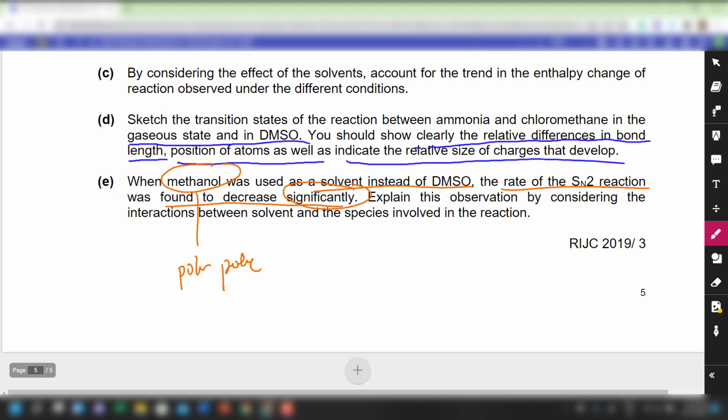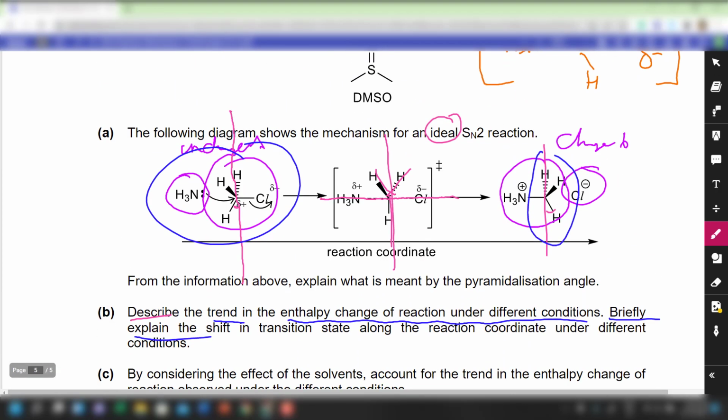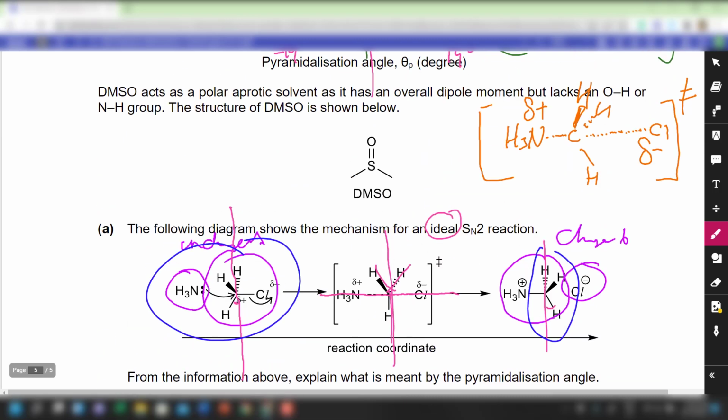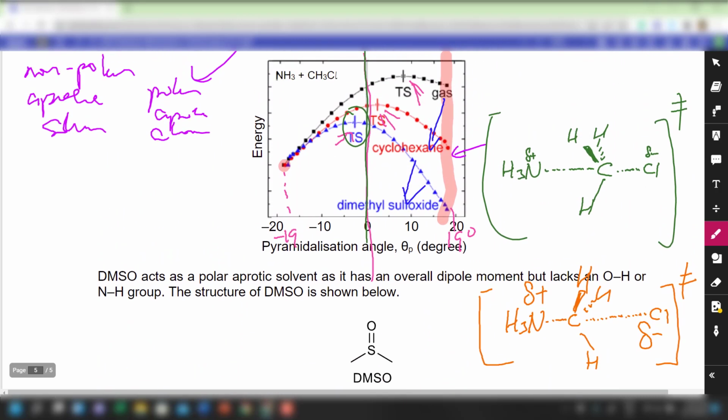Yeah, in this case, because our product is charged, so I think it is better to say that it's able to form a significant ion-dipole interaction with the products. Yeah, but at the same time, let us not forget that methanol, being a polar protic solvent, is able to stabilize the ammonia significantly more than that in DMSO.